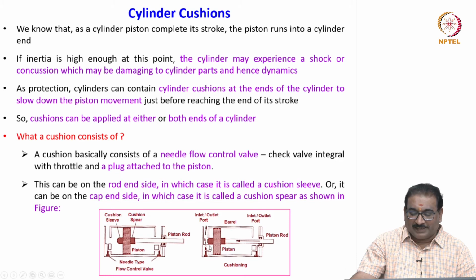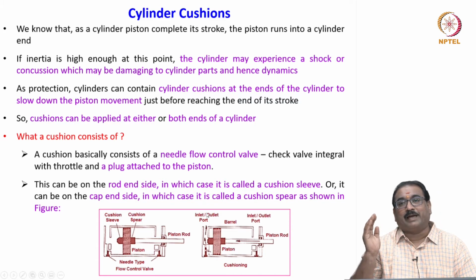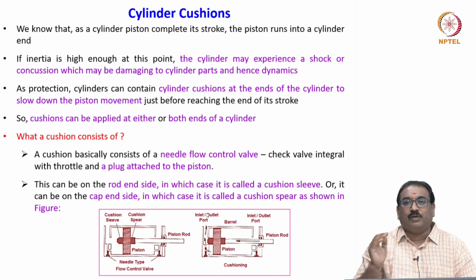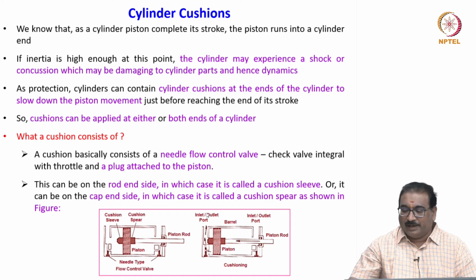Then the only passage is through the check valve, which will slow down the outlet flow. In turn it will develop back pressure, which avoids the piston hitting this end.